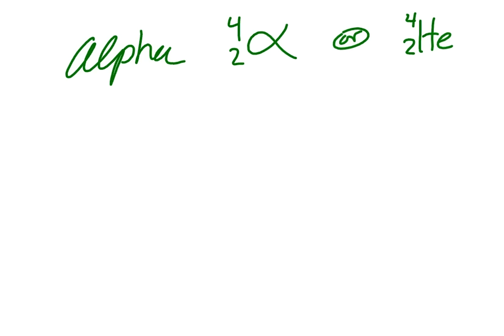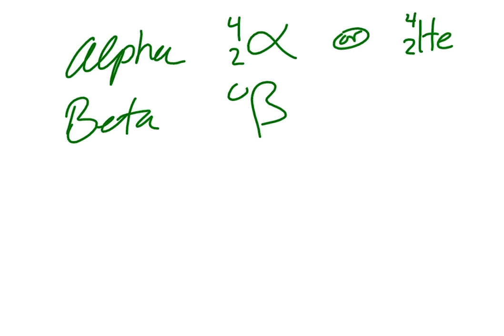The next type of decay is beta decay, which is really nothing more than an electron. Hopefully we should know what these numbers mean, but if not, I'm going to go over them because you've never seen a negative number down there.